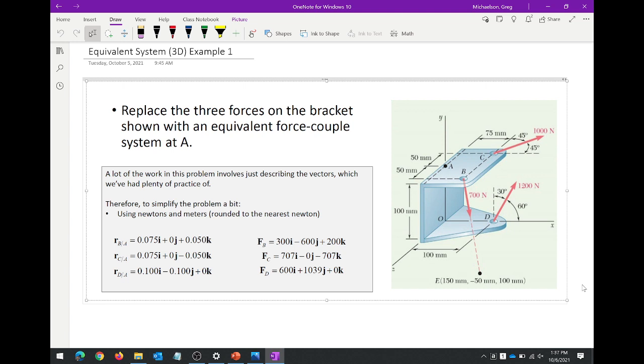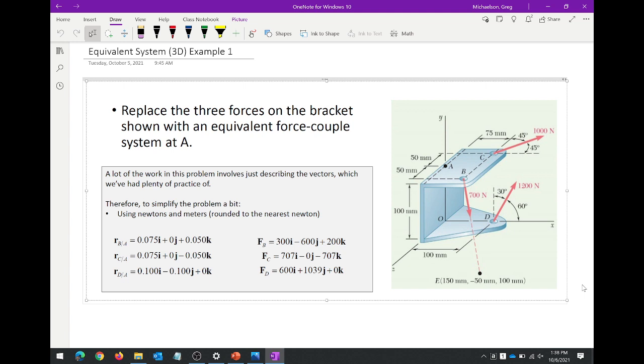the idea is that for a problem like this, I know this problem looks nasty. The idea is that it really isn't, okay? That's kind of the point I want to make. I have a bracket here, and the bracket has 3 forces on it, and these forces look pretty rough, okay? For instance, I've got this 1,000 Newton force acting over here sort of on this XZ plane, if you will, at a 45-degree angle.